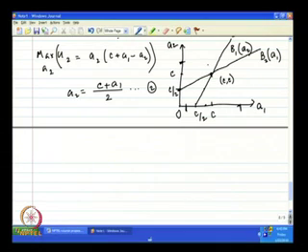Let us call this point M, and you can figure out intuitively, at least from the diagram, that this point has the coordinate (C, C).